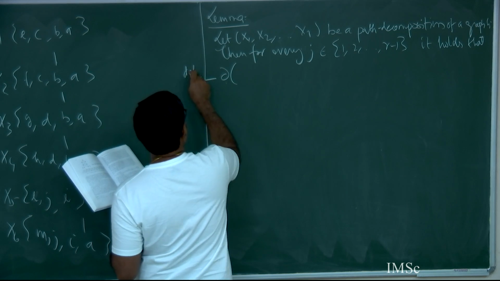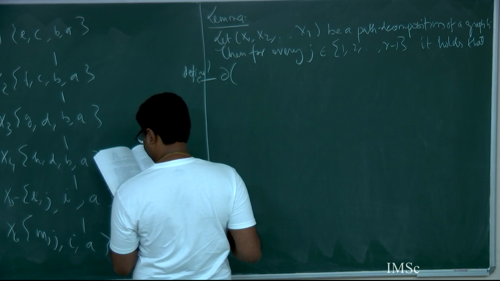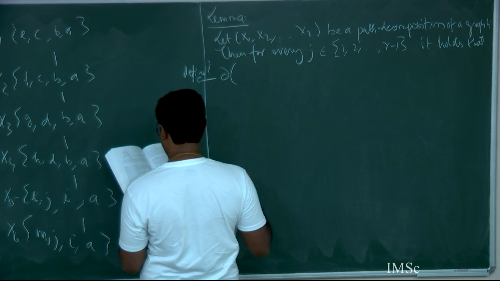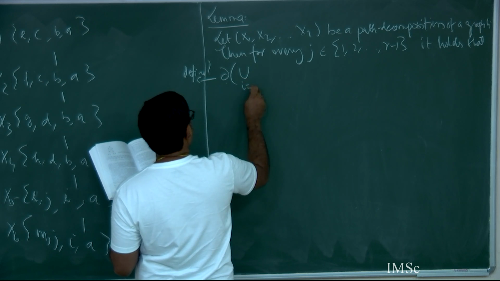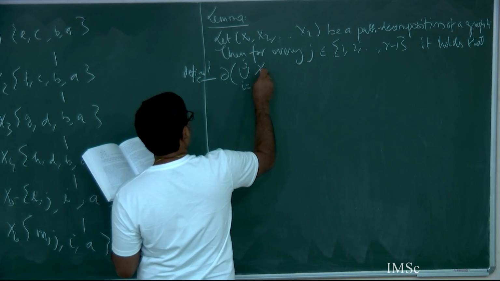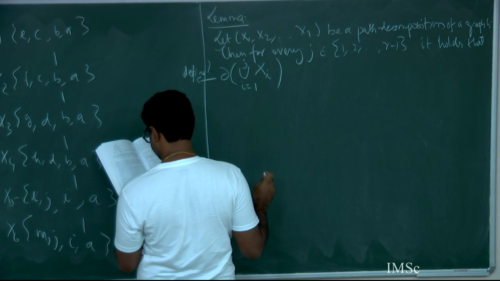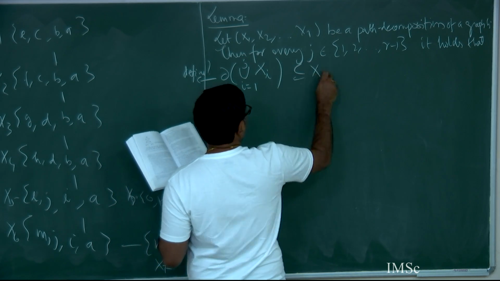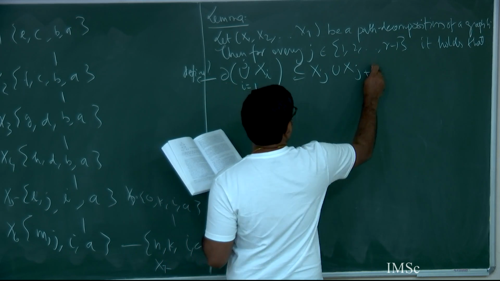Delta, this is called boundary, of the union of Xi for i equal to 1 to j is contained inside Xj union Xj plus 1.